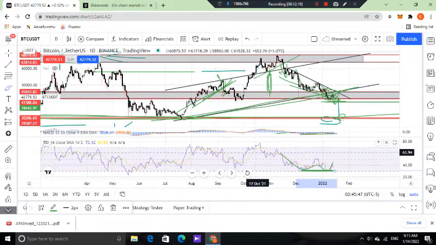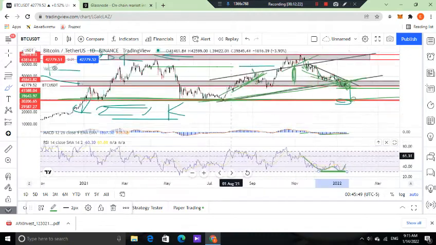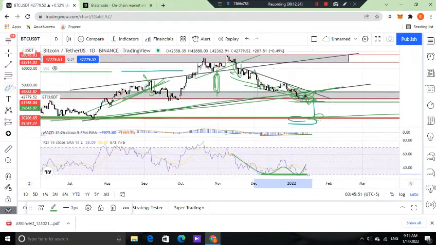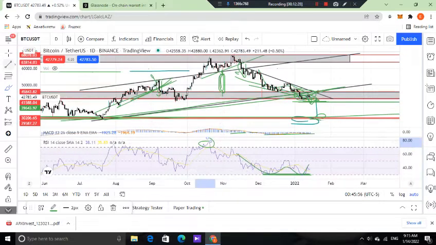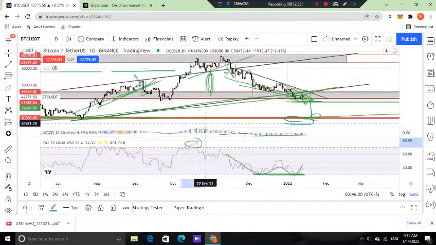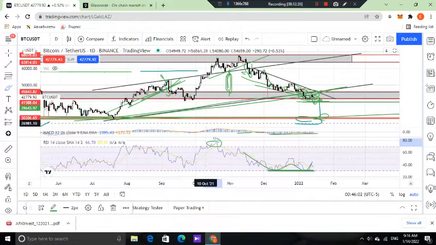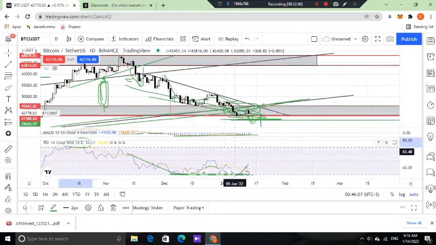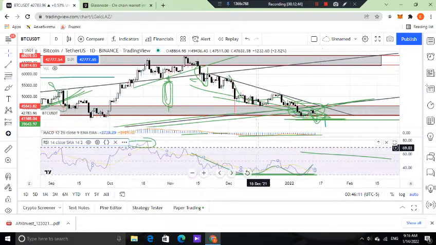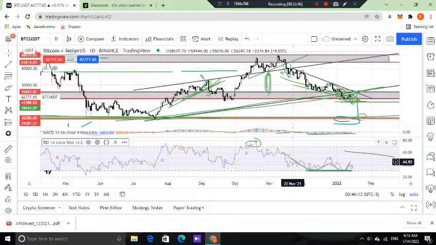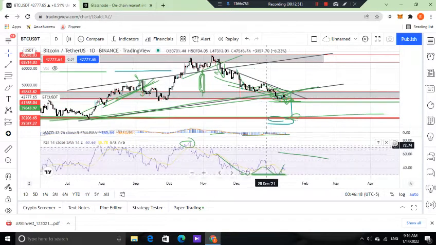But for example, if you're in extreme area like this one, it's probable that you see a reversal. But yes, we don't have any divergence. We don't have any oversold signal.